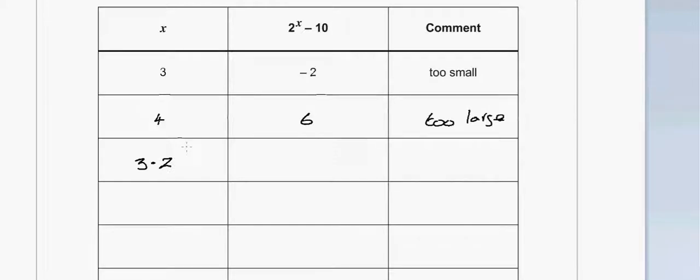Now with your calculator you would go 2, and there's a button there with X, and the power area is just a little square. So you press that and you type in 3.2 and then hit equals. Okay, and then minus 10.